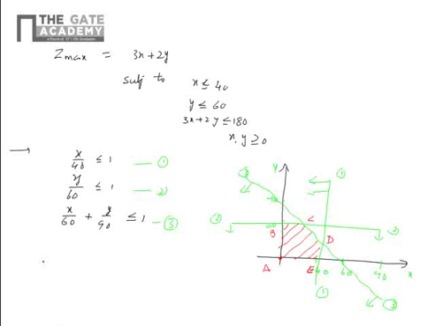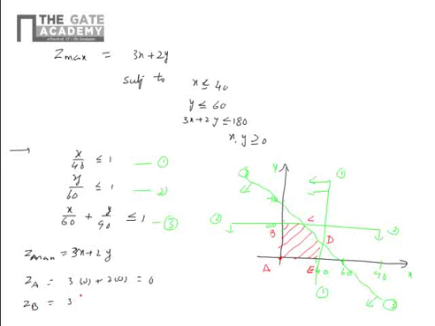For example, ZA is nothing but Z max. We know that it is 3x plus 2y, so substitute the values. ZA equals 3 into 0 plus 2 into 0, which is 0.